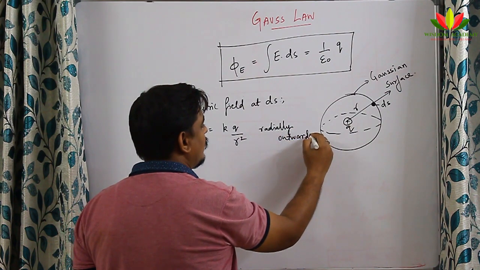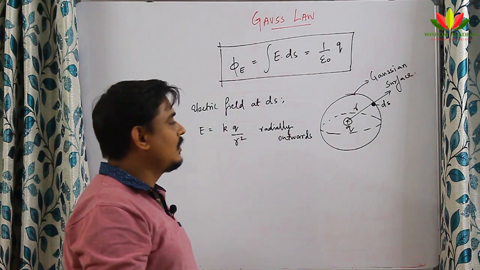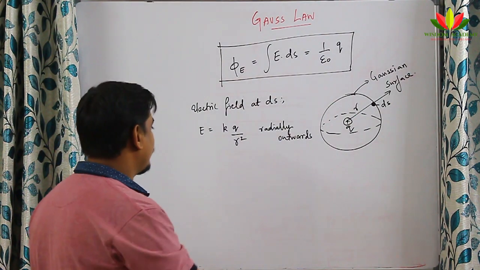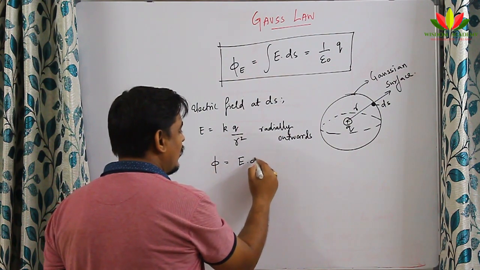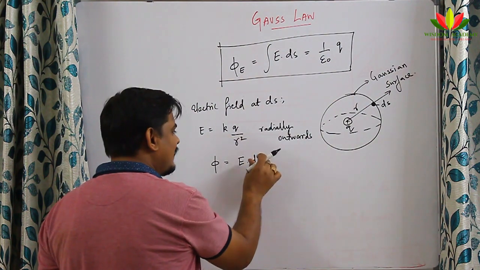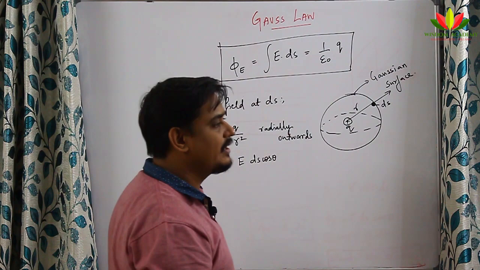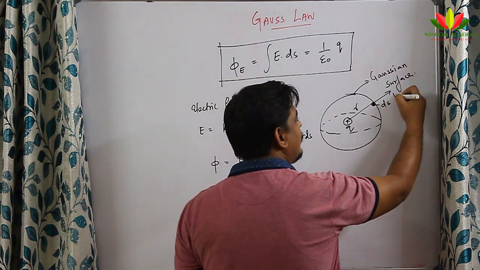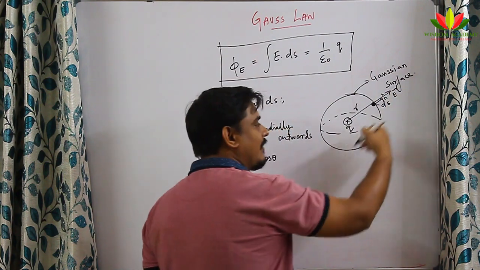Now, let me apply the equation of electric flux. I know electric flux phi is equal to E dot ds, or to be very specific, E ds cos theta. Here, what is the angle between the normal n and the electric field? They both have angle 0.